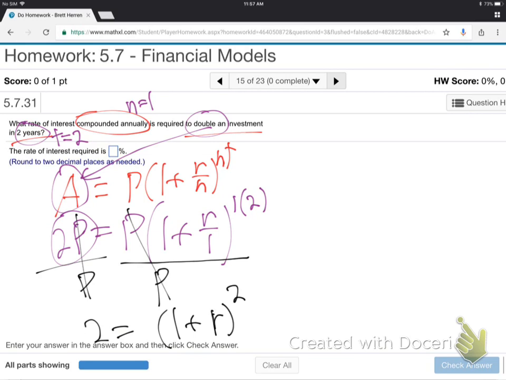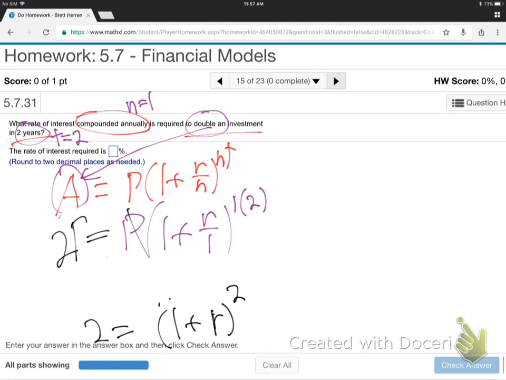Now, common mistake I've seen over the years teaching this material is students will kind of half remember that the left side, and they'll just put a 2 instead of 2P, and then they'll get messed up. They'll get stuck because then they'll go, oh no, I got P and I got R, I got 2 letters, I don't know how to get rid of them, and they won't be able to finish the problem.